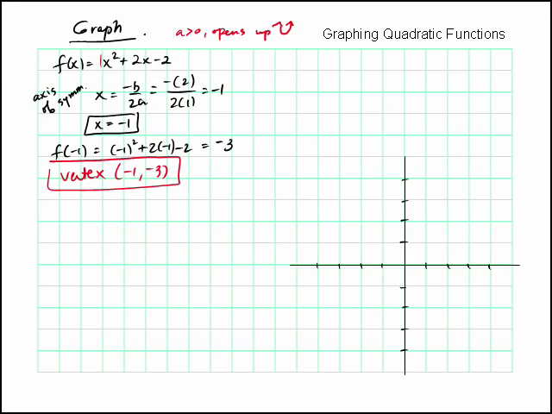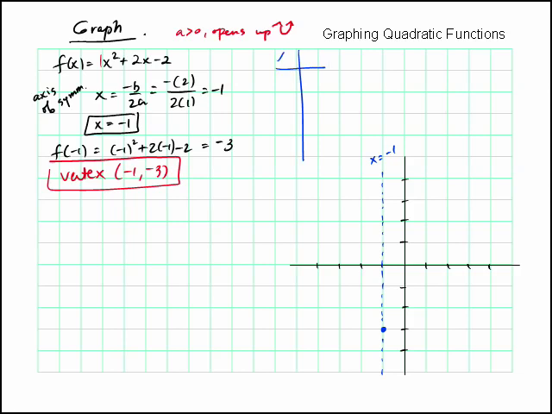Negative 1, negative 3 is right here. Our parabola opens upward. This is our axis of symmetry, x equals negative 1. Okay, now we're going to plot some points.